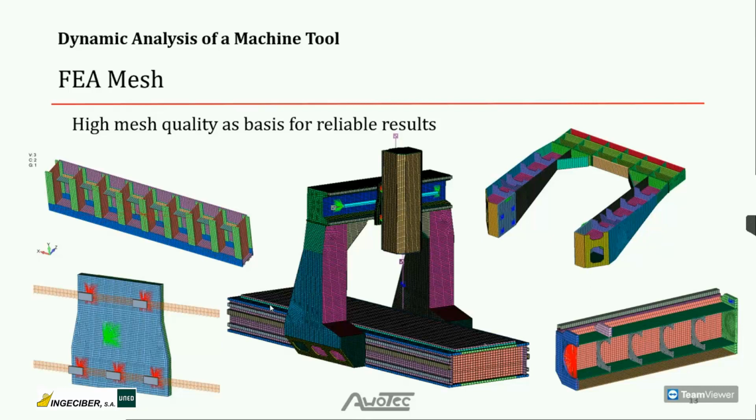These plates represent the shoes of the linear guides, and they are connected to the mainframe via so-called glue contact definitions, and this allows a connection of the mesh even if the nodes are not coincident, and this is a very powerful functionality of Astran to use this glue definition.